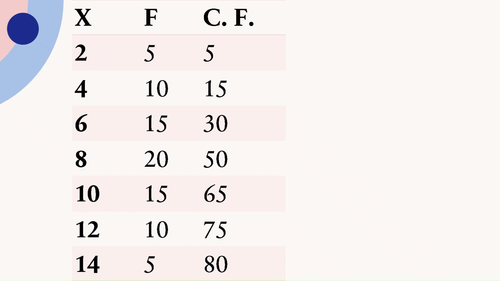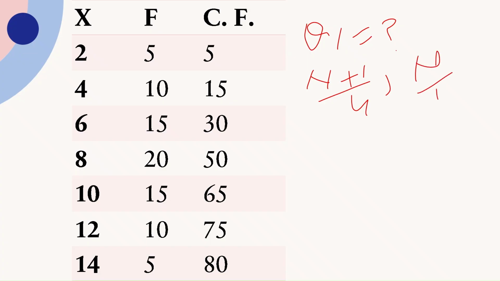Let's calculate Q1. For Q1, we earlier used the formula n plus 1 by 4, but here we use n by 4, and in future examples we only take n by 4. Here n is 80, so it is 80 by 4, which is equal to 20.